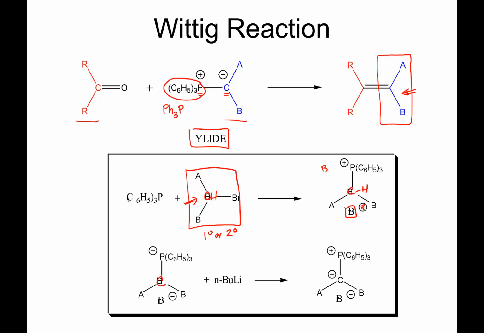The bromine is over here as my negative. Then I take that hydrogen and I use n-butyl lithium. That's the same molecule that I wrote before, and now that deprotonates this hydrogen to then form, and the bromine at this point is gone, my ylide. Okay.